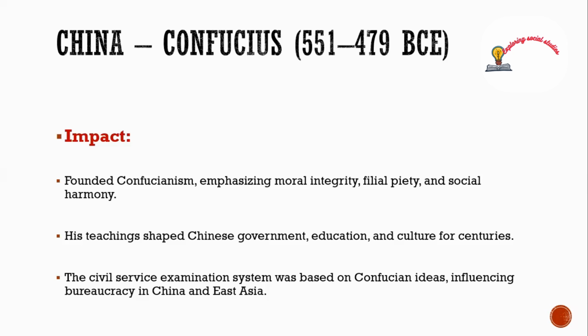Impact: he founded Confucianism, emphasizing moral integrity, filial piety, and social harmony. His teachings shaped Chinese government, education, and culture for centuries. The civil service examination system was based on Confucian ideas, influencing bureaucracy in China and East Asia.